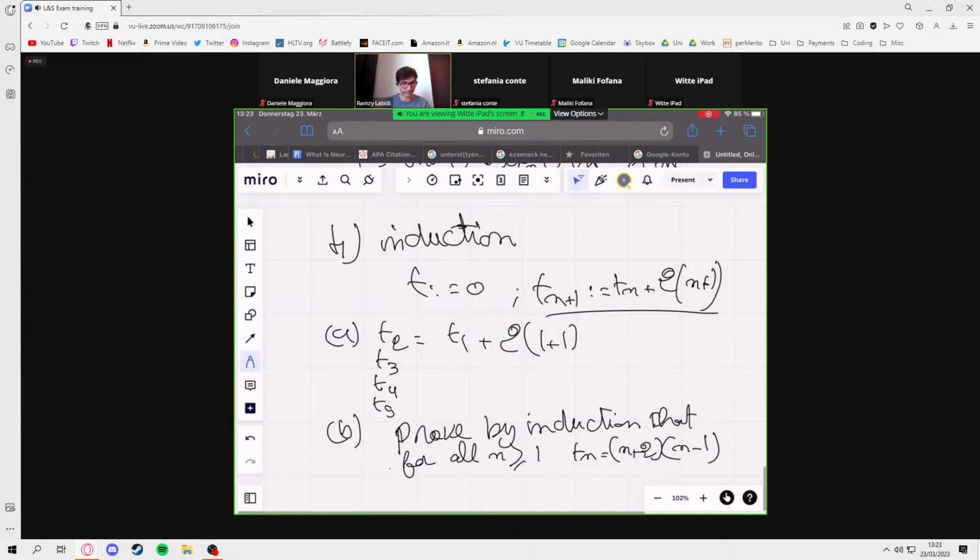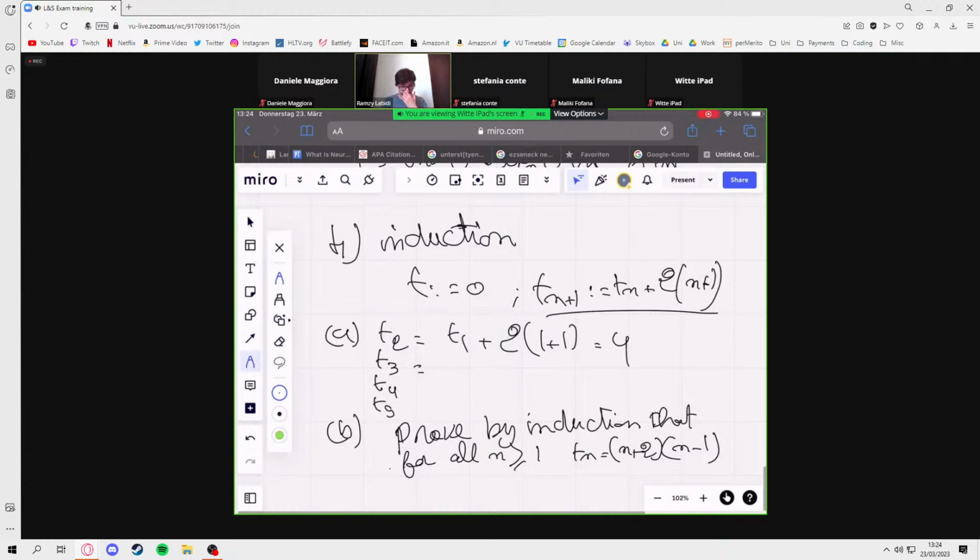And we know that t starts at 0, so t1 is equal to 0. Then 2 times 2 is equal to 4.